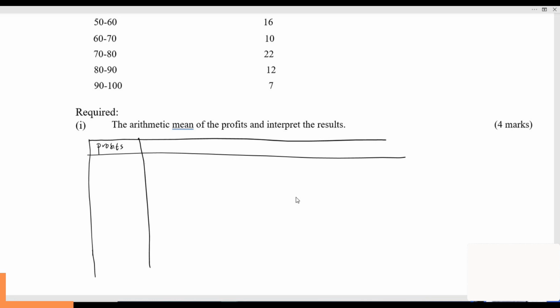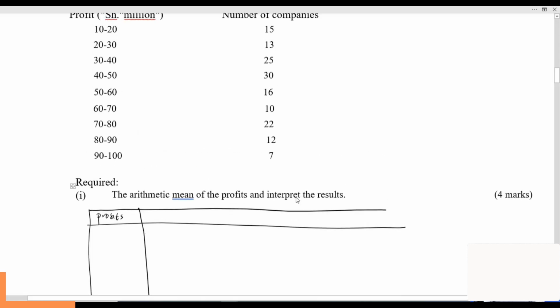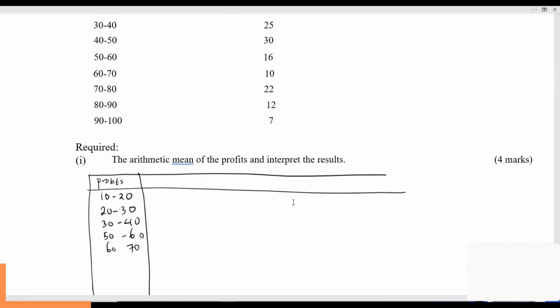The values given start from 10 to 20, then 20 to 30, then 30 to 40, 50 to 60, 60 to 70, then we have 70 to 80, 80 to 90, and finally 90 to 100.